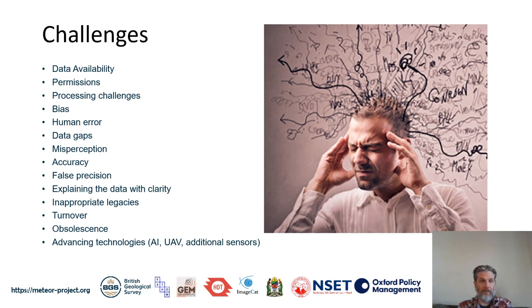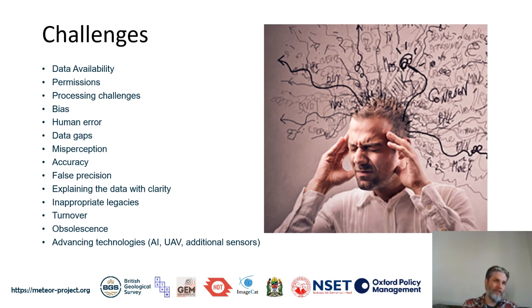Data gaps. No matter what you're doing, there's going to be something that's not available. That's something that you don't know, where there's going to have to be some sort of inference. And you're going to have to guess. Getting the right people that are appropriate to make that guess is ideal, but sometimes those people aren't available or not answering your emails, and you have to make that guess yourself.